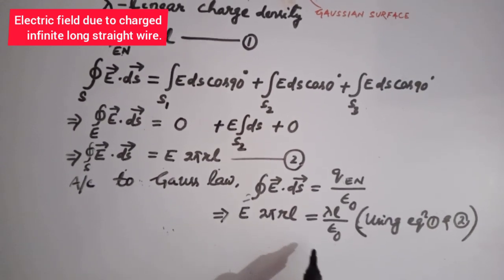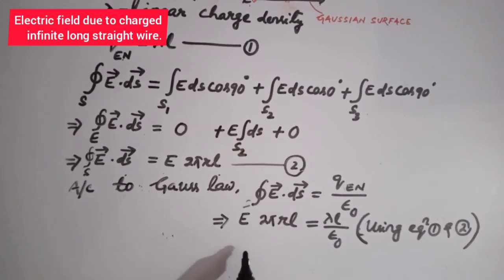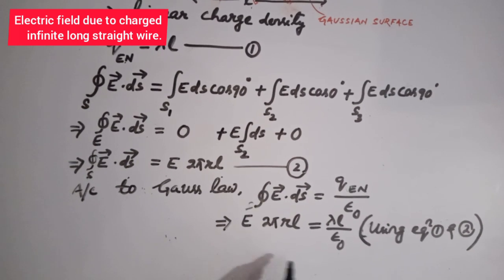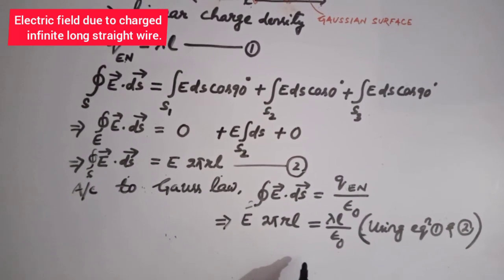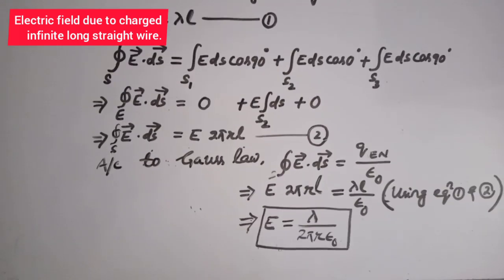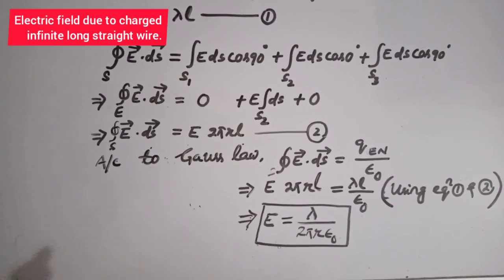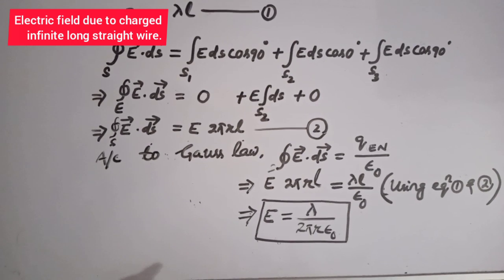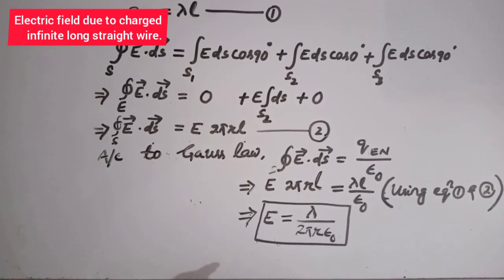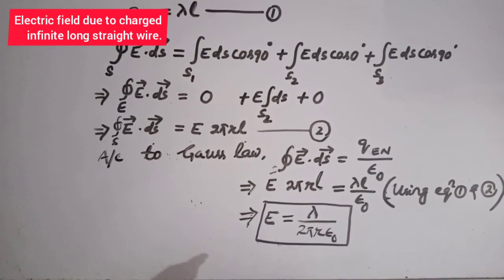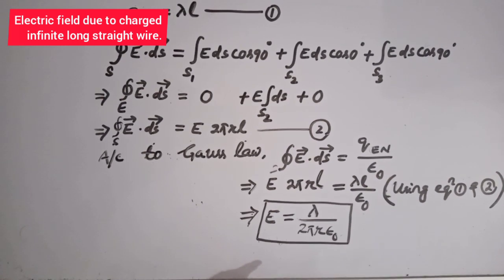Here L cancels and the value of E is equal to lambda by 2 pi r epsilon naught. Now the electric field due to the linear charge distribution at a distance r is equal to lambda by 2 pi r epsilon naught.